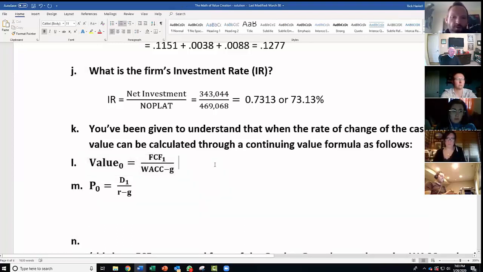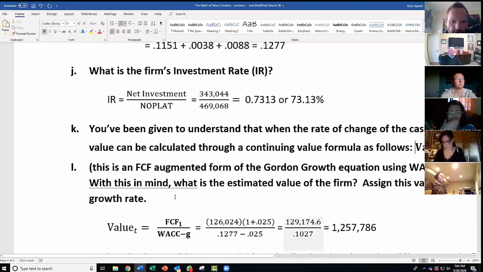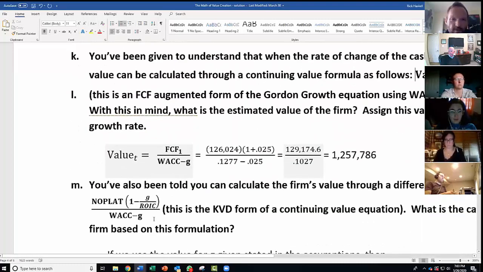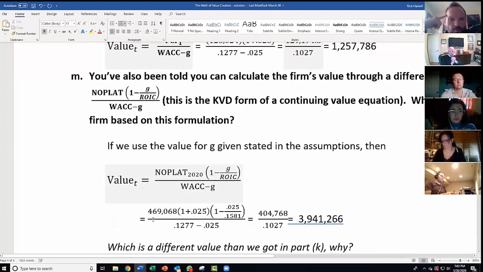Because in one of them you're using free cash flow 1, and in the other one, I can't remember what it said if you scroll down, you're using NOPLAT times 1 minus G over ROIC, but you're still dividing both of those by WACC minus the growth rate. And when you see something divided by WACC minus G like this, it is an immediate signal to you that the Gordon growth model is in place.